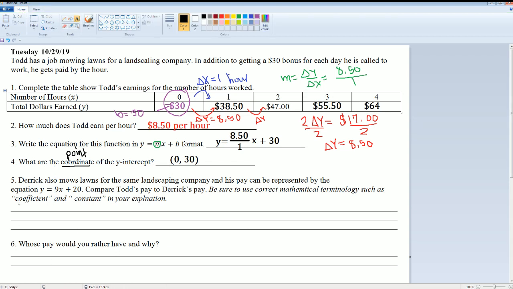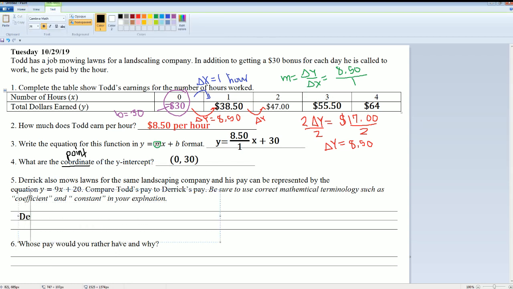So we would say that Derek makes more money per hour.